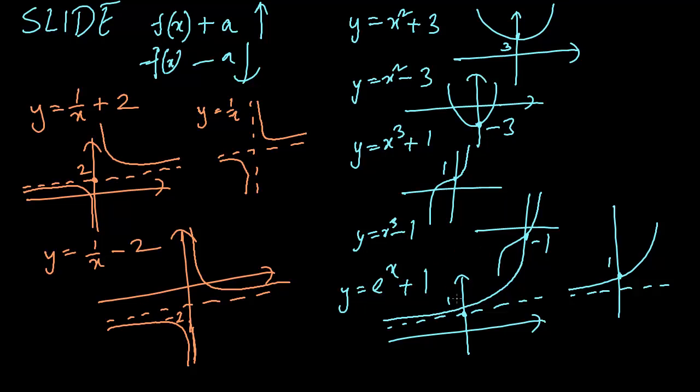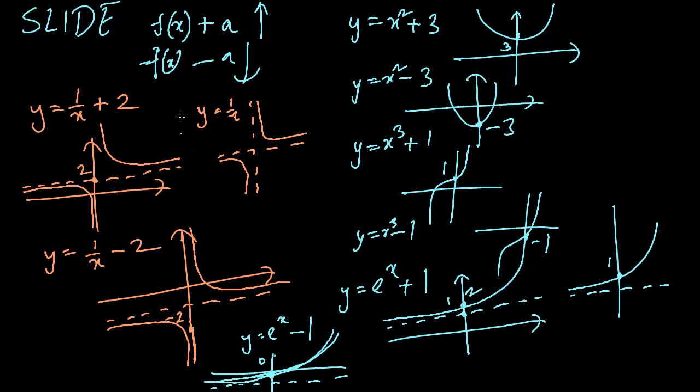Now it would cut the y-axis at 1 plus 1, 2, because it slid upwards. And if you have y equals e to the power x minus 1, then what would happen? The asymptote would slide downwards. And the picture would be like this. And here it would cut. Previously it was 1, so it would now go through 0. Yes, it would go through 0 because previously it got 1 unit sliding downwards, it would be through 0.